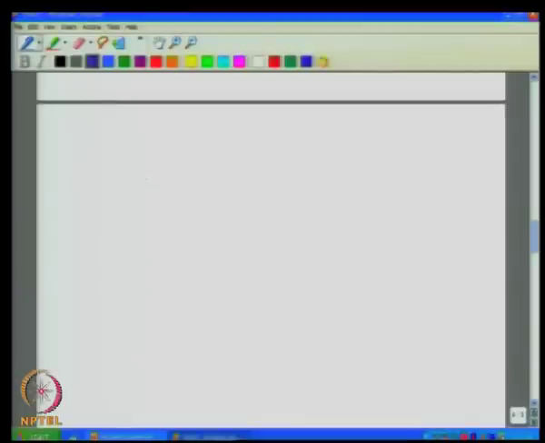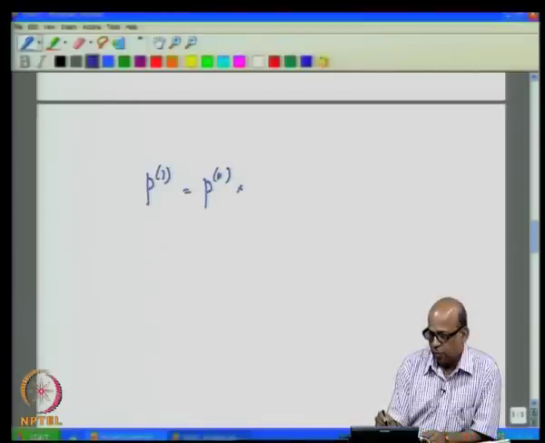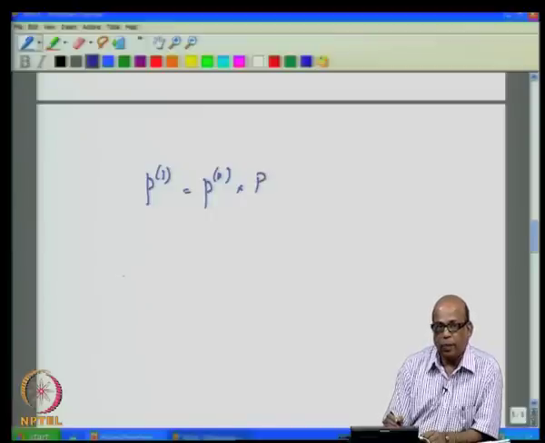We will be able to write, what did we do for P 1? We wrote P 1 as P 0 into P transition probability.